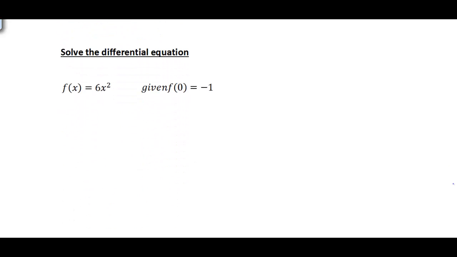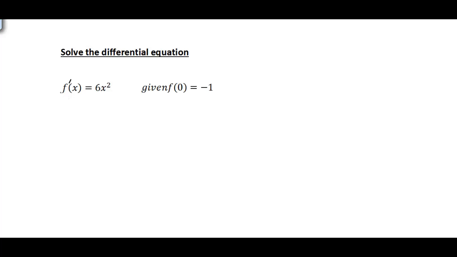All right, here we have another differential equation we want to solve. I'm sorry, this should say f prime of x equals 6x squared. But notice here we're given f of 0 equals negative 1. So here we can actually find a specific solution given that f of 0 equals negative 1.